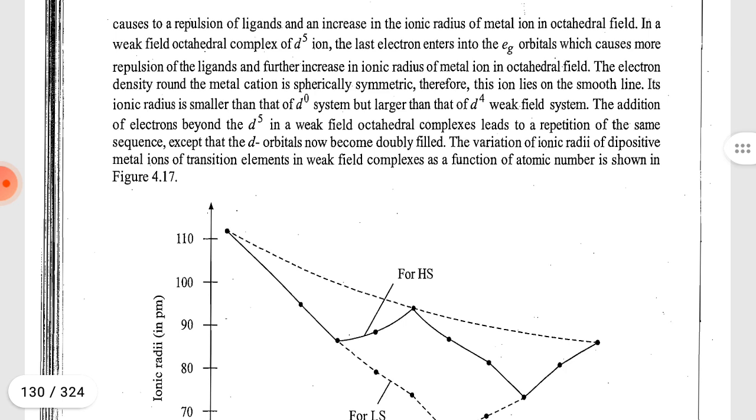The addition of electrons beyond this in a weak field octahedral complex leads to a repetition of the same sequence, except that the d orbital now becomes doubly filled.